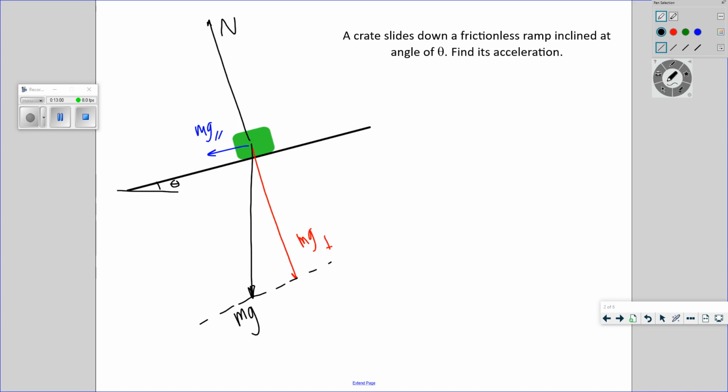All right? Find its acceleration. Well, the only force that makes this thing accelerate is a component of mg. And so if we do a net F in the parallel direction, we get mg parallel equals ma. That's it.